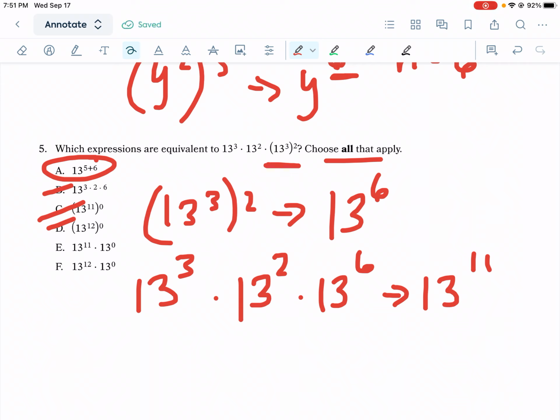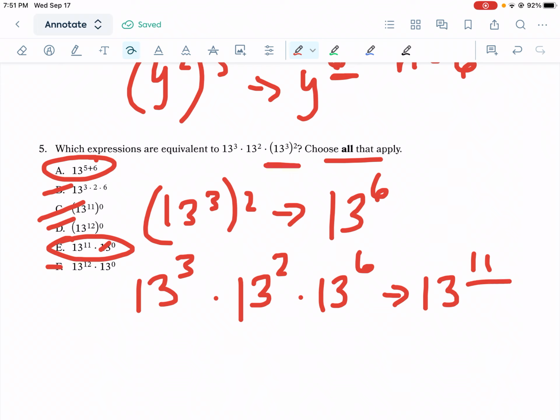Any number raised to 0 is going to be 1. And then 1 times any number is still going to be that number, which essentially would mean that E says 13 to the 11 times 1, which will still be 13 to the 11. So E is one of our answer choices. F will be wrong just because it has the wrong exponent. We're looking for the exponent of 11 and not 12.